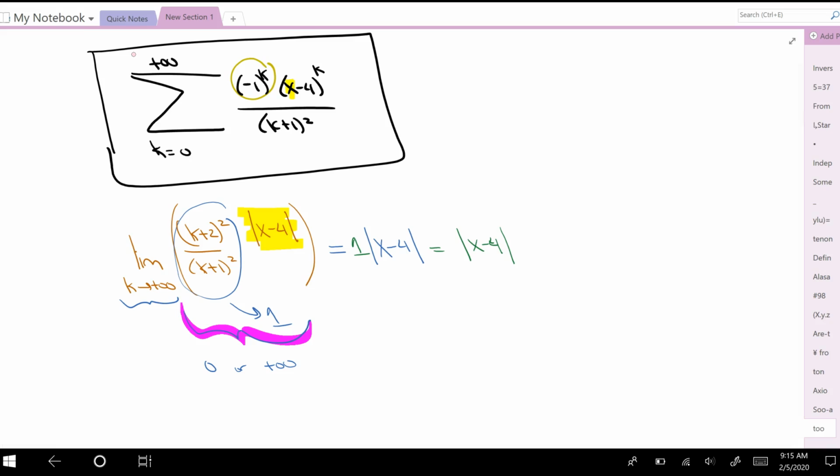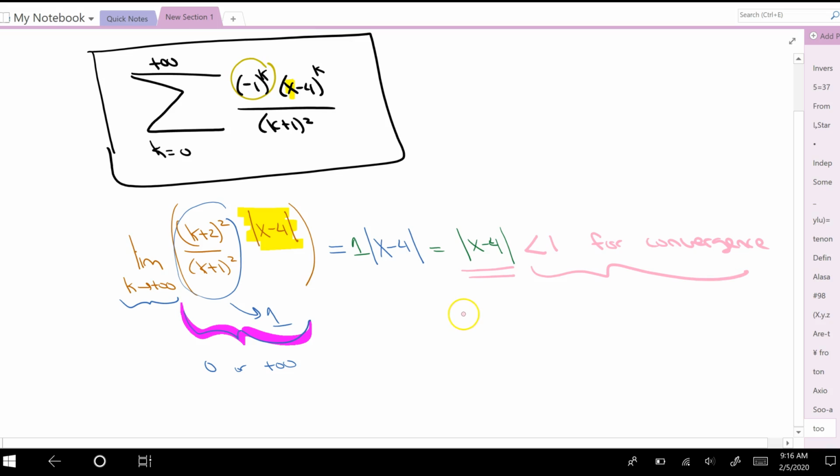We know that we want this limit to be less than 1 for convergence. Okay? We want the limit of the k plus first over the kth term, and that limit in this case is the absolute value of x minus 4. We want that limit to be less than 1 for convergence.